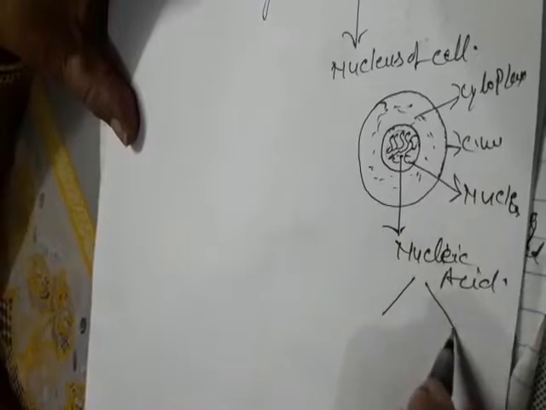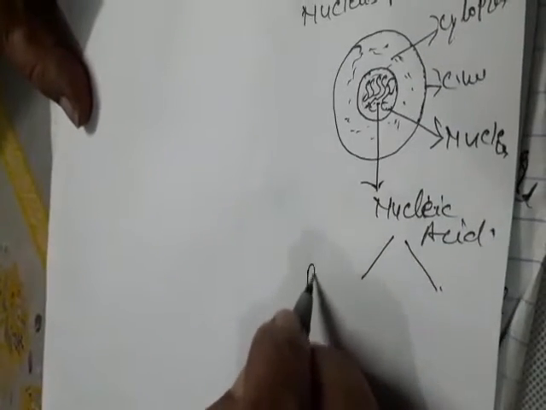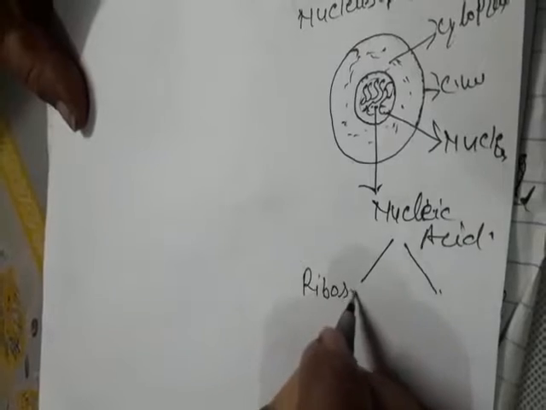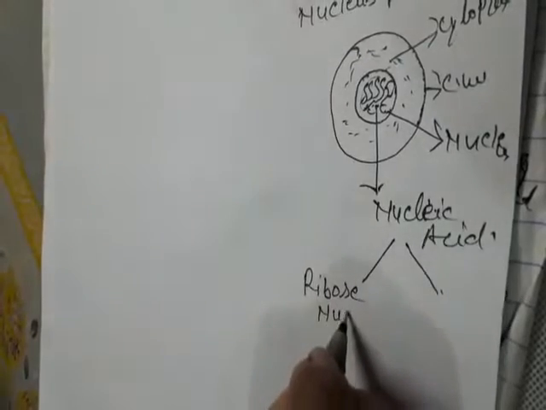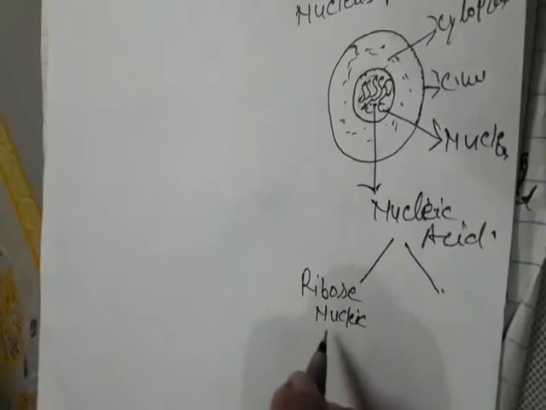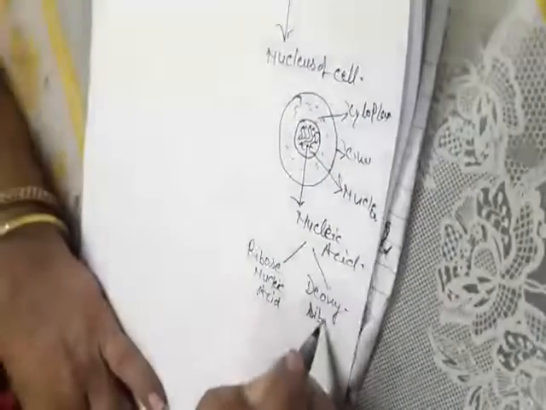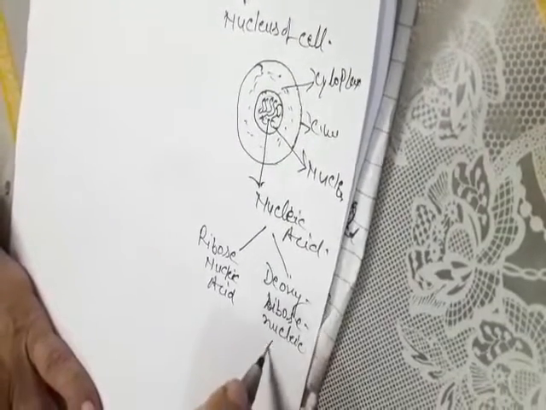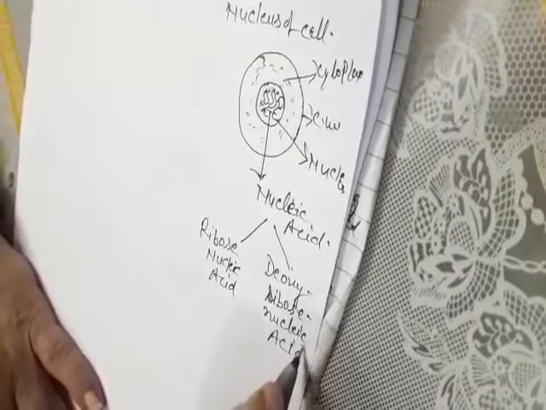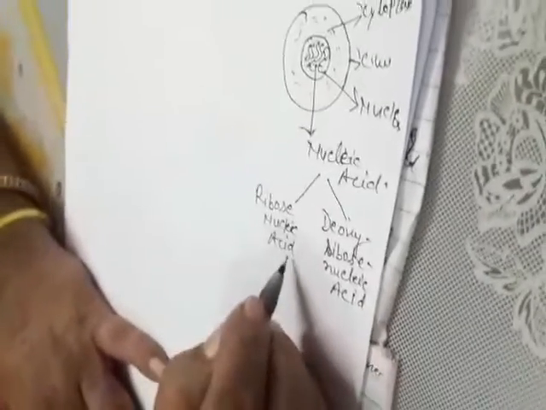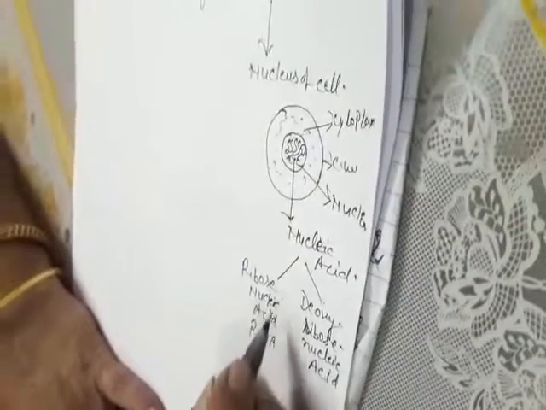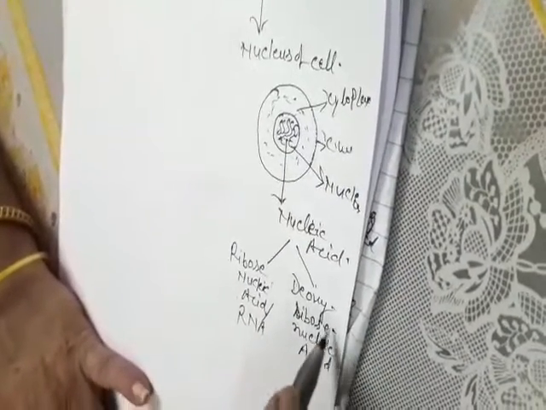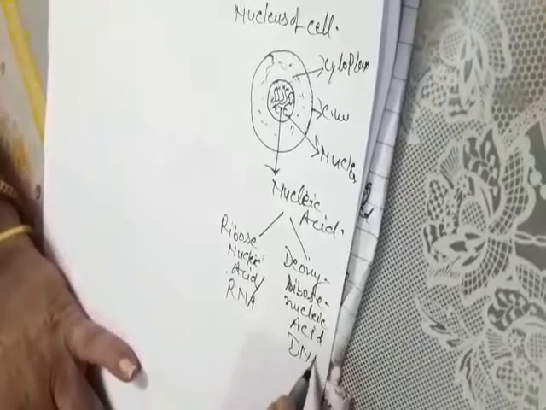Nucleic acids are generally of two types: ribonucleic acid and deoxyribonucleic acid. Ribonucleic acid is known as RNA and deoxyribonucleic acid is DNA.